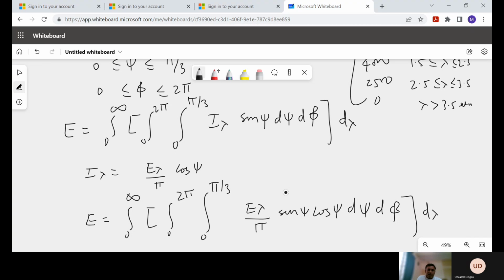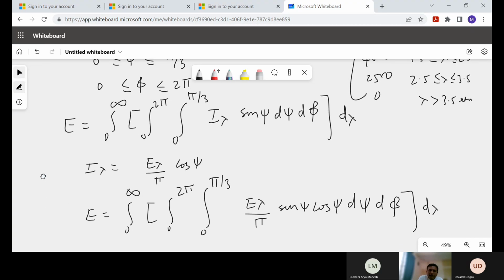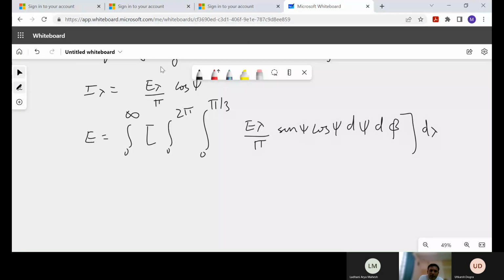Okay, now this integration we can solve. See, this d phi is there, and phi is varying between 0 to 2 pi. So the integration of d phi will be just 2 pi, isn't it? This E lambda by pi we can take common, before d psi.